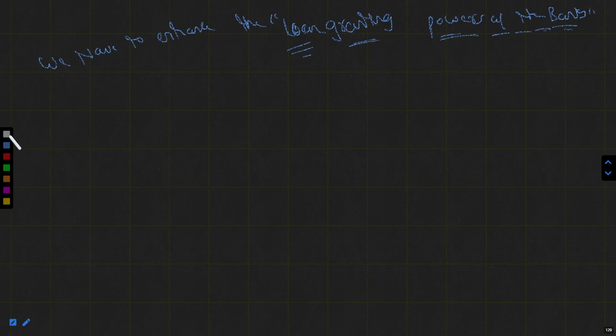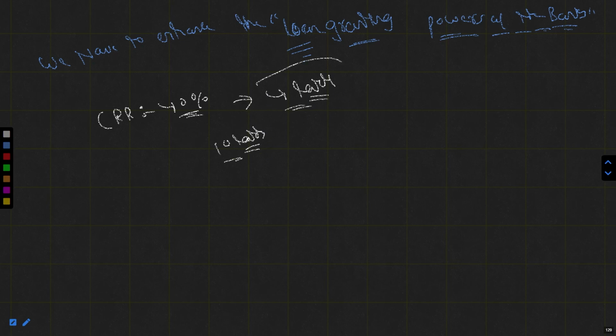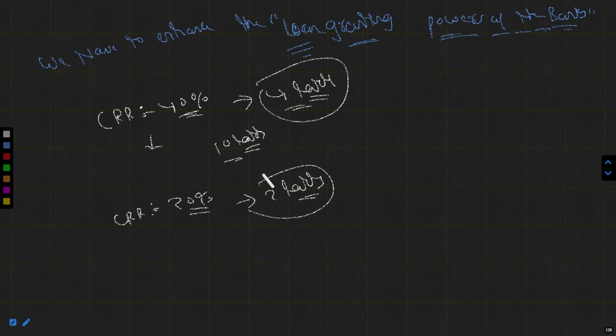For example, suppose previously the CRR was 40%. 10 lakhs is the total deposit. 40% means 4 lakhs is the reserve. But now if the CRR is reduced to 20%, it means that 2 lakhs is the reserve.